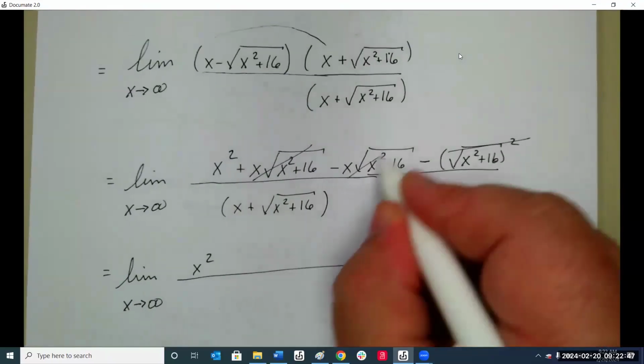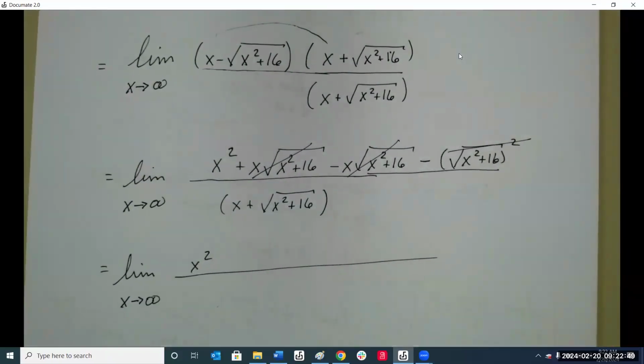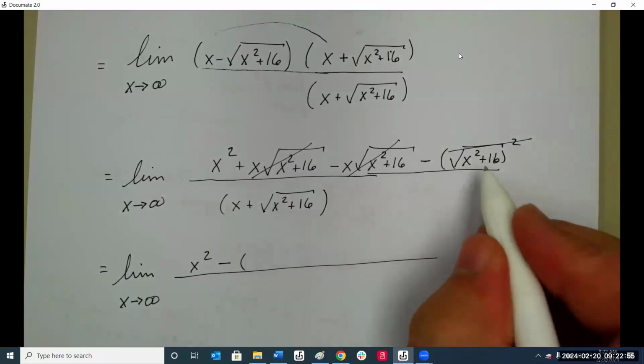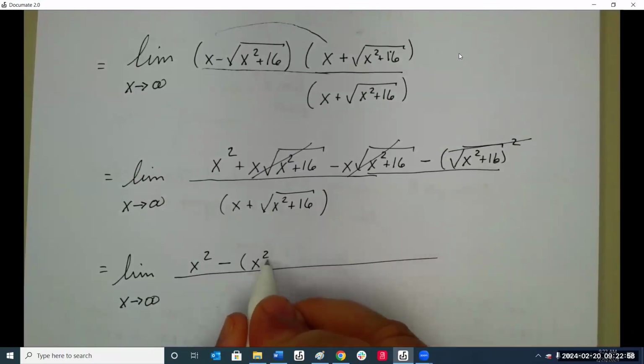These middle two terms cancel because they're opposites of each other. So we have inside the parentheses x squared plus 16.